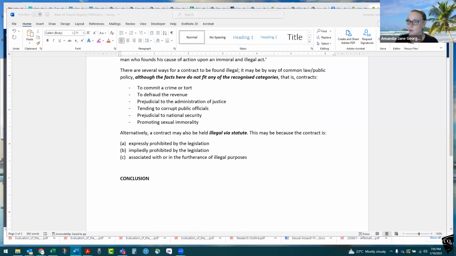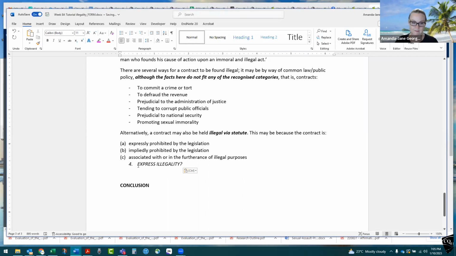Then, what would you say about express illegality? Is it a case of express illegality? What is the nature of the problem? What does the Act say?